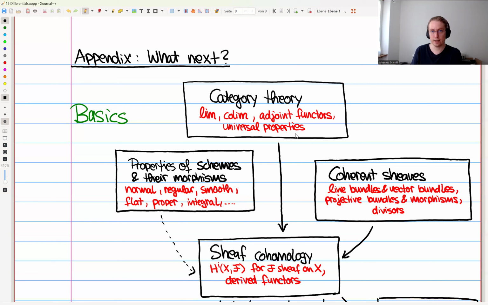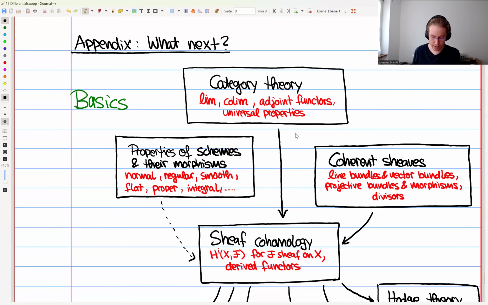And I would say in this course, we did exactly as much as we needed, but not more. And this means that the basics are still a bit selective or a bit fragmented. So this is something you could brush up on.